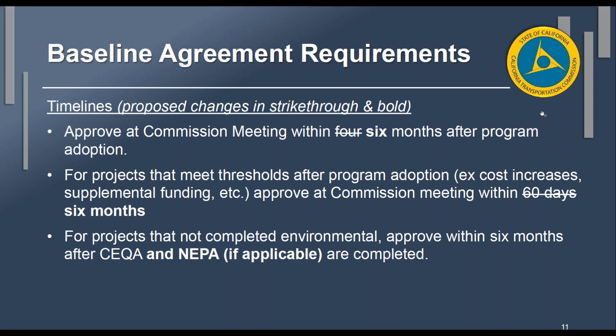We are now going to add in after CEQA and NEPA, if NEPA is applicable, so that all of the environmental phase is completed and not just a portion of it. I will let you think about those things for a couple seconds before we move on.